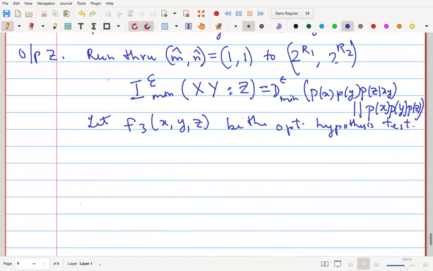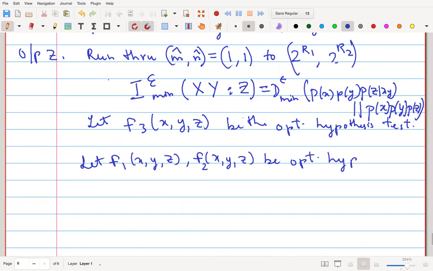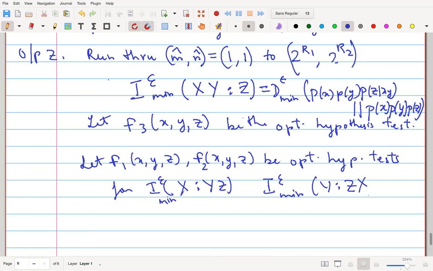So let F1 of XYZ and F2 of XYZ be optimal hypothesis tests for these two mutual information quantities.